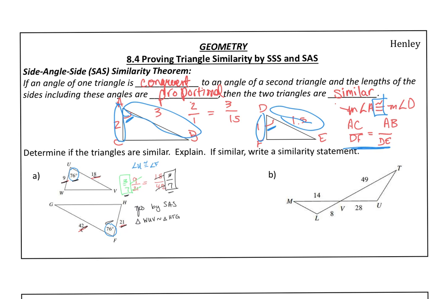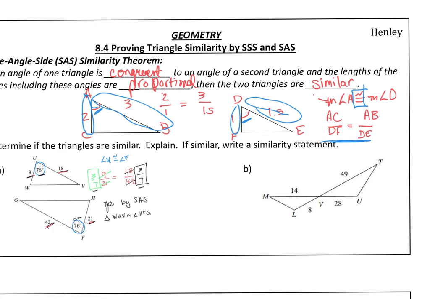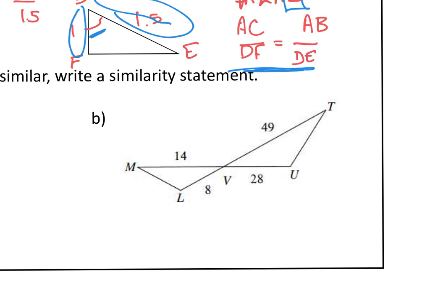Now let's look at our next pair of triangles. We are going to make this bigger. And we have two angles. We can automatically see right off the bat, right here, this angle and this angle are congruent to each other.